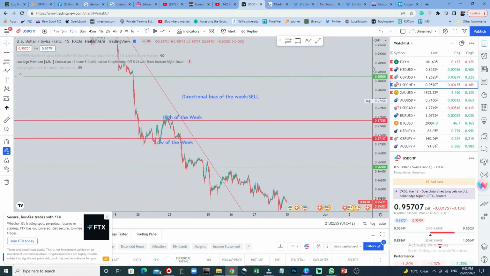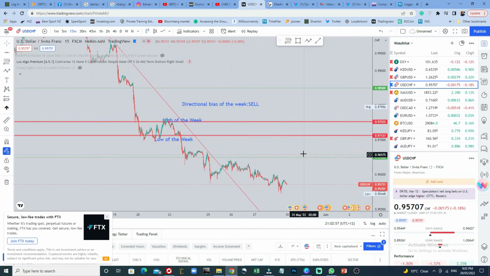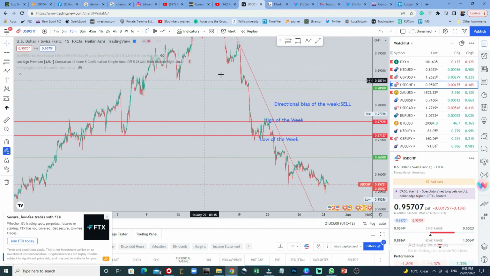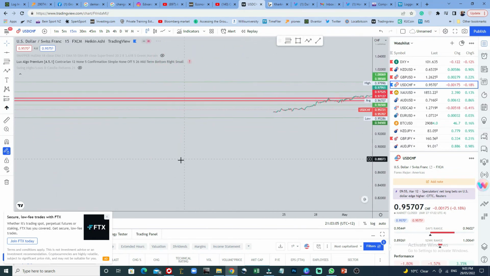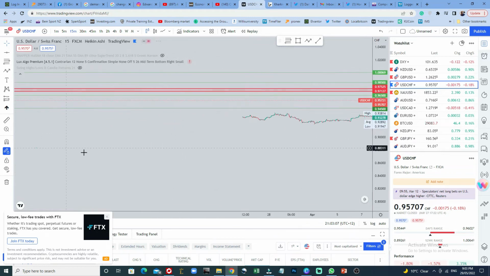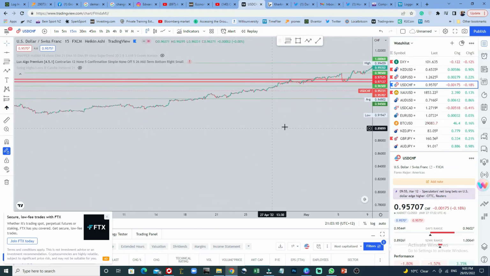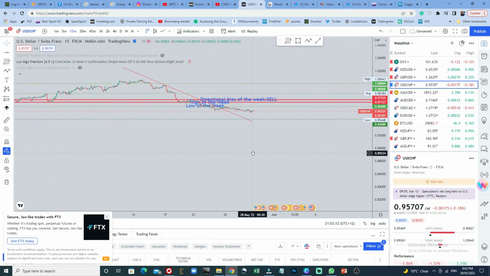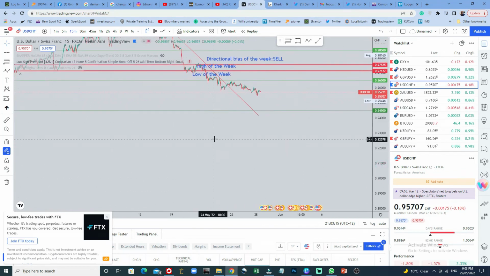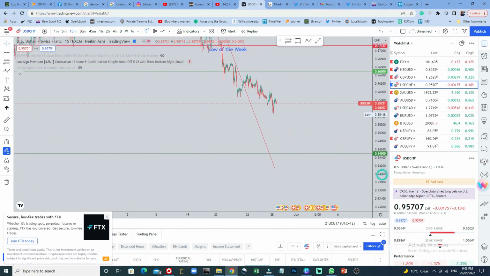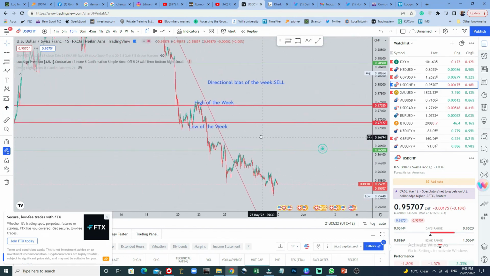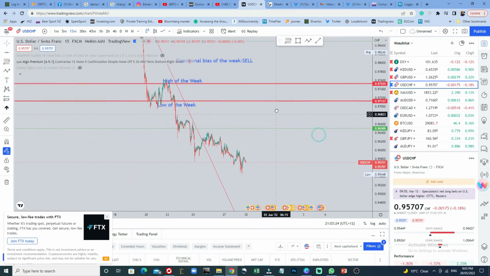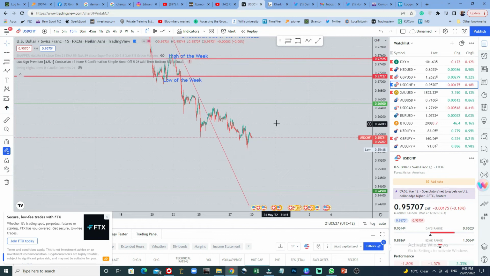Now, to look for entries, there's something we must do. For you to enter a trade, we must have at least three things that meet together or are in the same region.